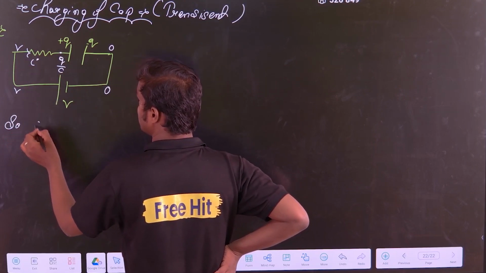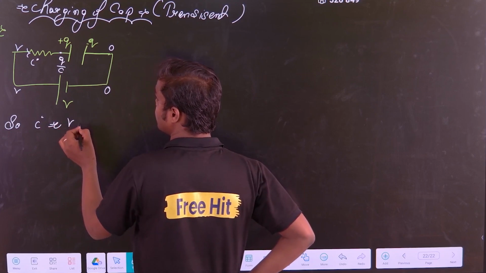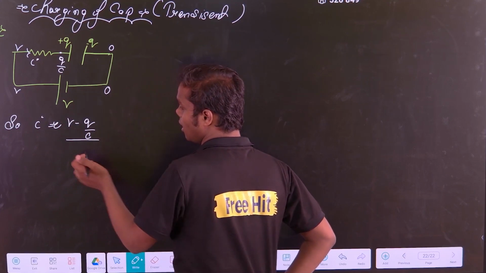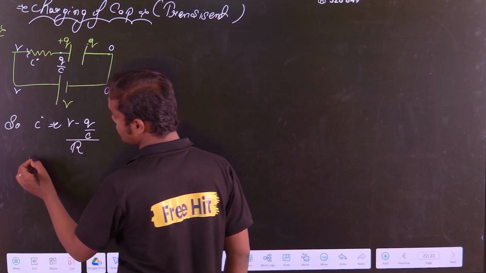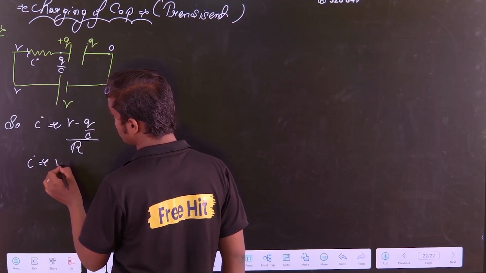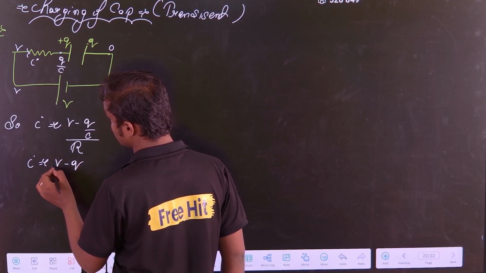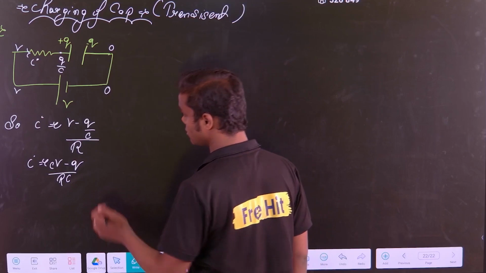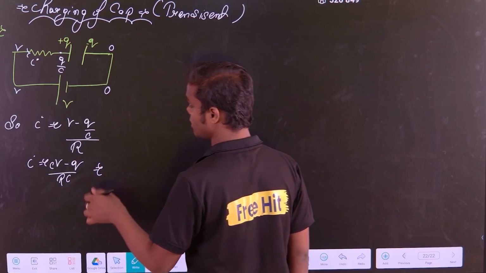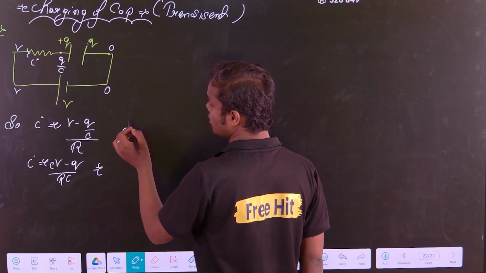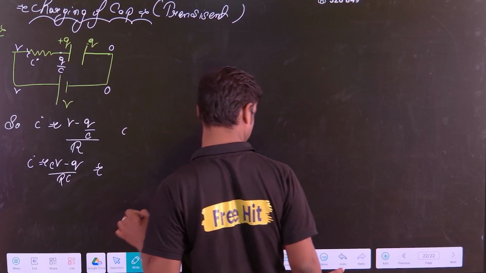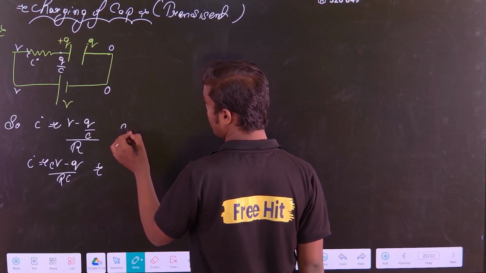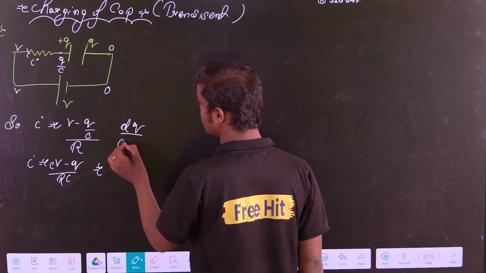So I can write my current I is equal to (V minus Q by C) divided by R, correct? So I is equal to (CV minus Q) by RC. We know I is defined as dq by dt.